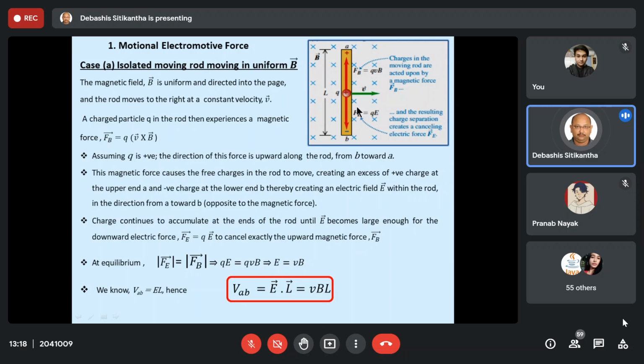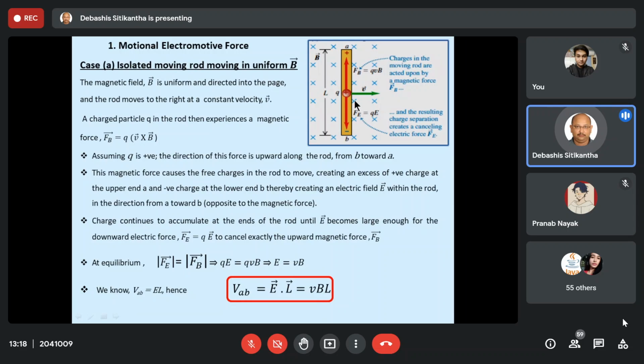So if we continue moving this conductor inside this magnetic field at a constant velocity, then obviously all the positive and negative charges, which were previously attached to each other due to the electrostatic force of attraction, are now going to be separated.